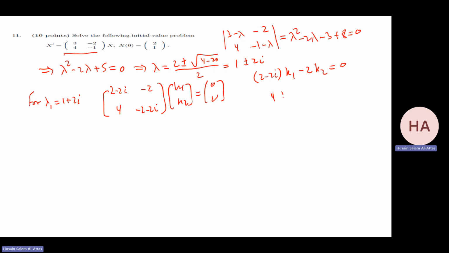I have 4k1 minus 2 minus 2i k2 equals 0. Multiply the first by 2 plus 2i over 2. 2 plus 2i times 2 minus 2i over 2. Okay. I should get 4.